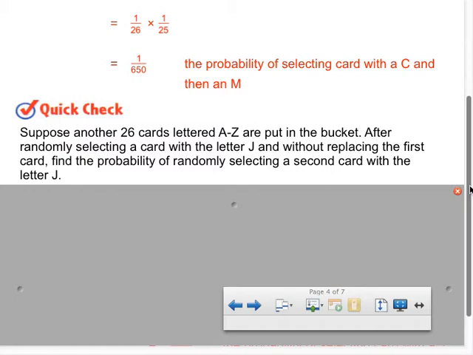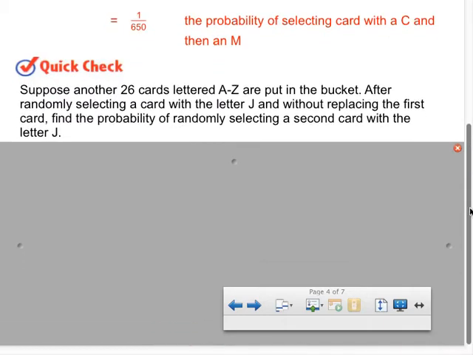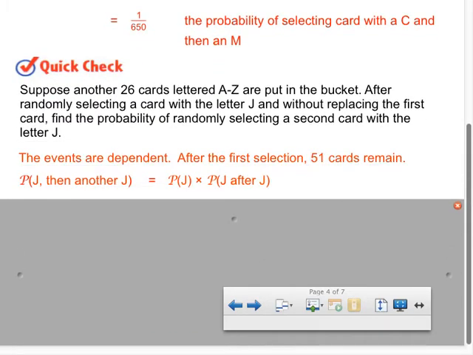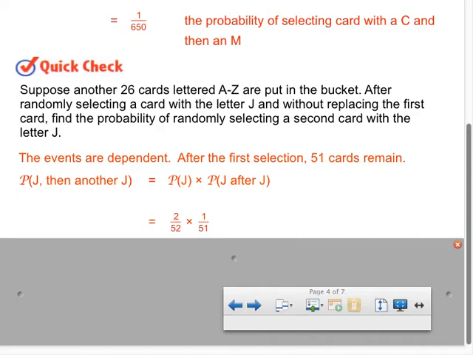Because we put in the bucket 26 more cards. So we already had 26 cards A through Z, but then we added another 26 cards A through Z. So altogether we have 52 cards. Okay? So there's 2 of each letter now. Does that make sense? And then for the first J, there's 2 J's in that bucket out of 52 cards, right?